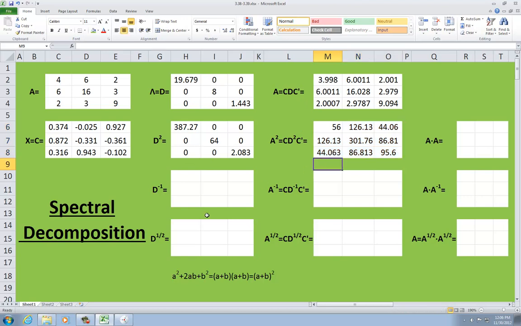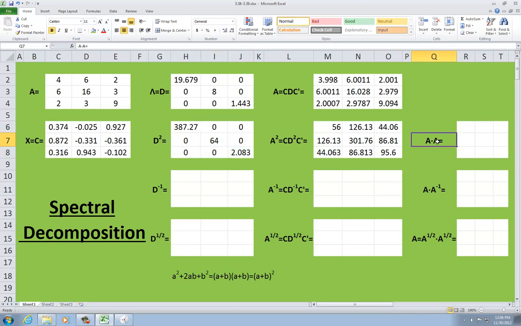So note how easily one obtains the square of the diagonal matrix of eigenvalues, D squared. Since it's a diagonal matrix, the square of the matrix is obtained by merely squaring the diagonal elements, which we did. The square of matrix A can be easily checked by directly calculating it, and we confirm that our obtained A squared matrix by the spectral decomposition method is correct.